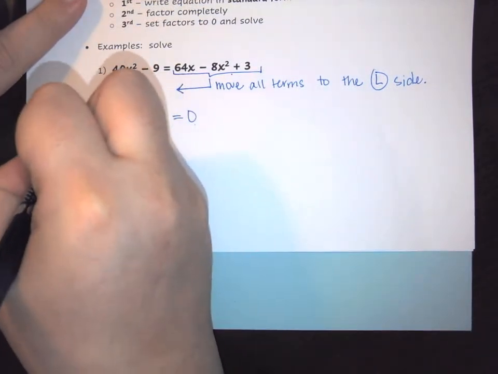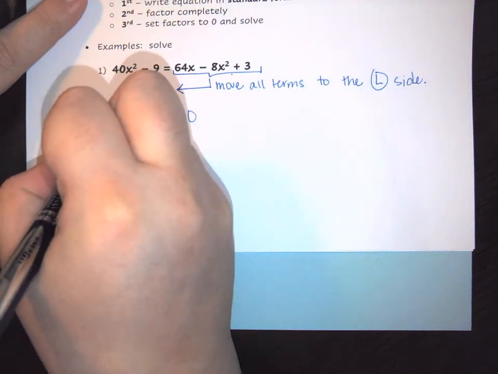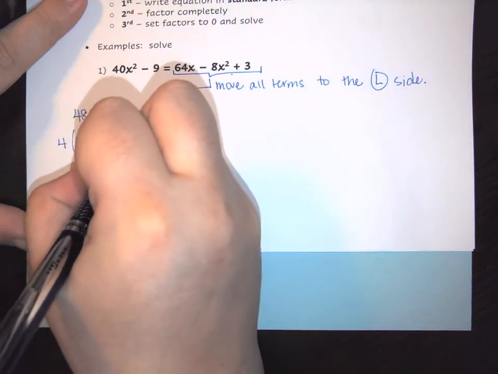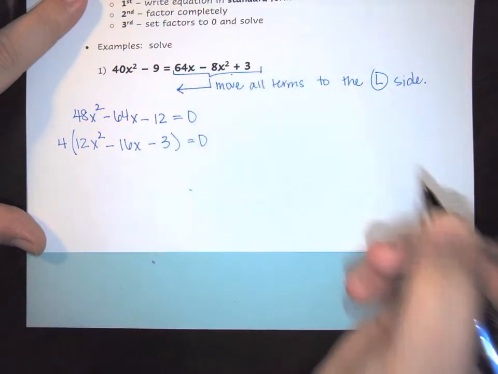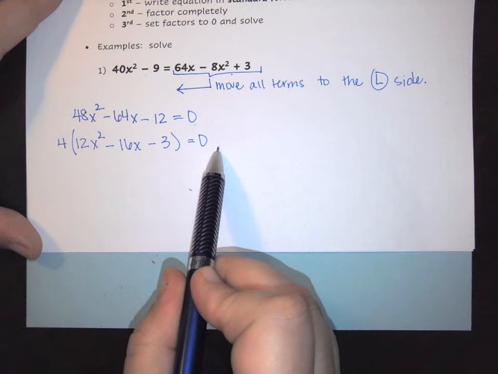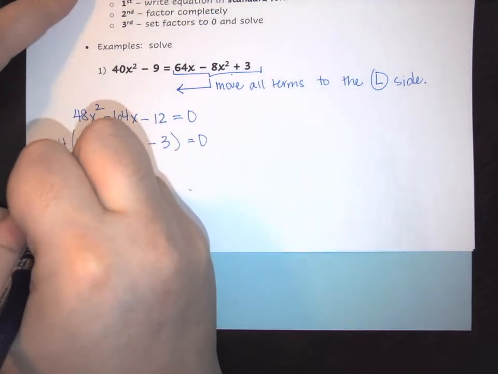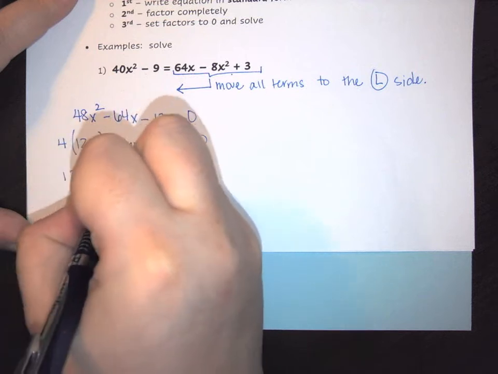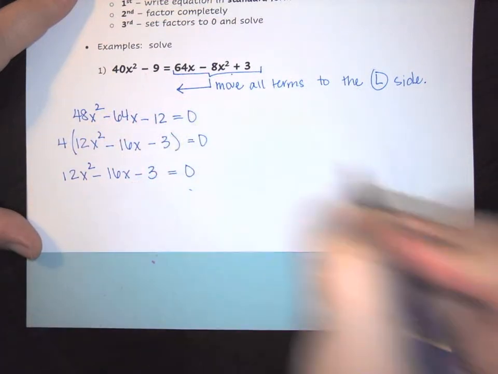We can pull out a 4, and that's going to leave us with 12x squared minus 16x minus 3 equals 0. The difference here is I can divide this entire equation by 4, thus making it go away. So here we only have 12x squared minus 16x minus 3 equals 0.